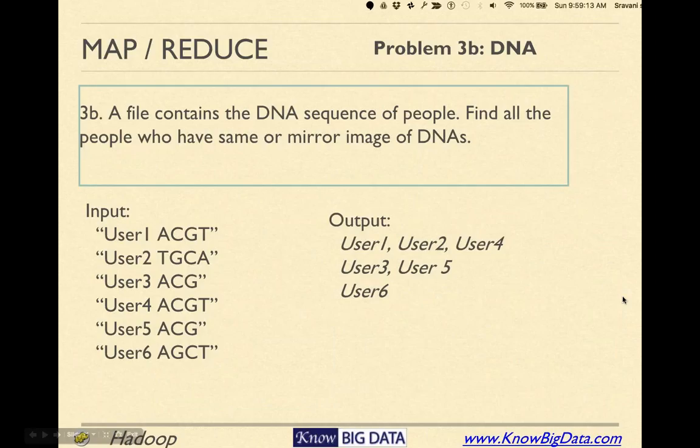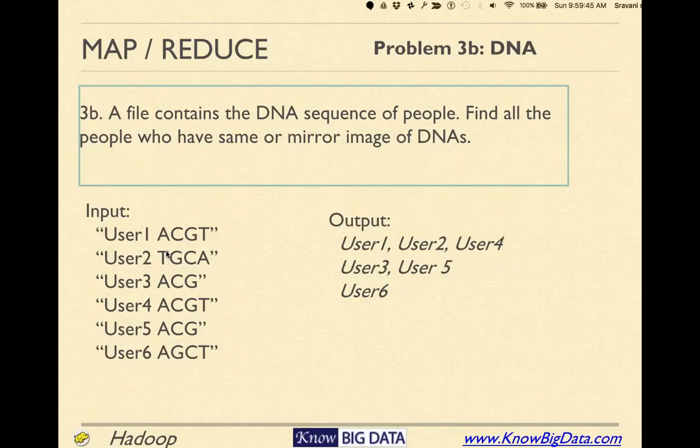All right. So there is a file that contains DNA sequences of people. You have to find out who are the people whose DNA is either identical or the mirror image of each other. Okay. What does it mean by mirror image? You can see that user 1 and user 2 have exactly reverse DNA: ACGT from left to right, and from right to left it is reversed.